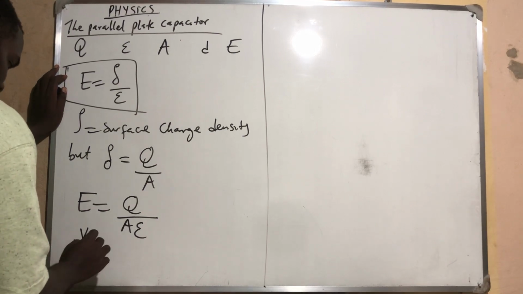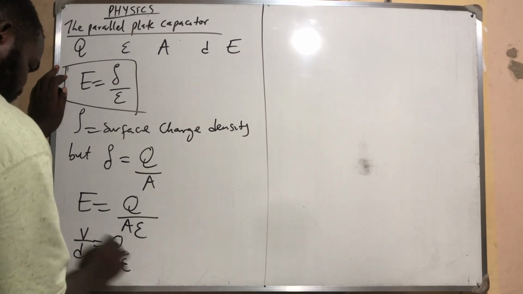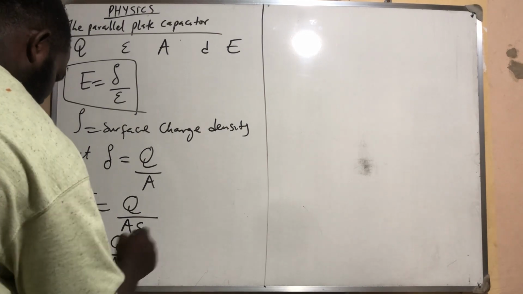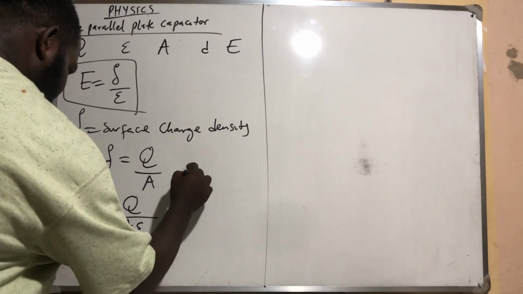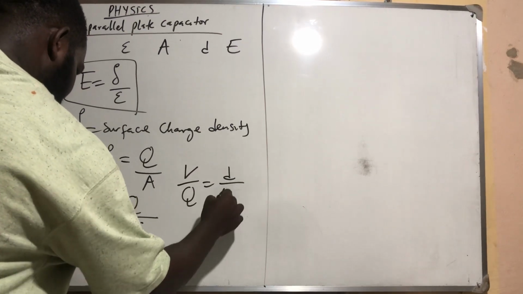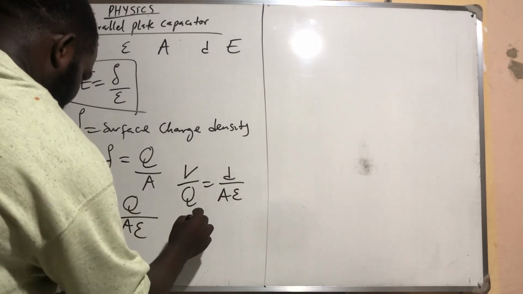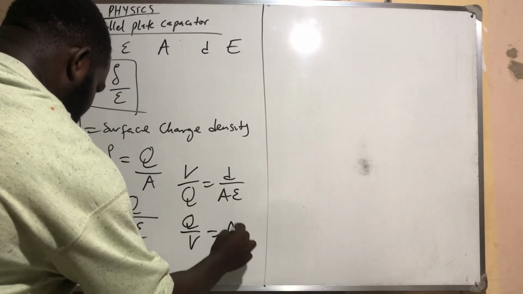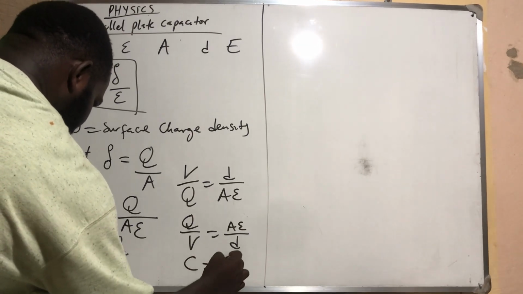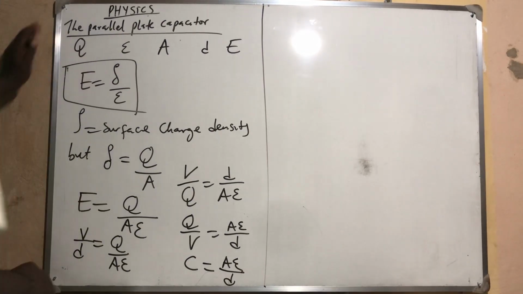So the volt over distance is equal to Q over AE. If you cross multiply, V over Q is equal to D over AE. If you turn this around, Q over V is equal to AE over D. And Q over V means capacitance, so capacitance is equal to AE over D. So that is the formula.